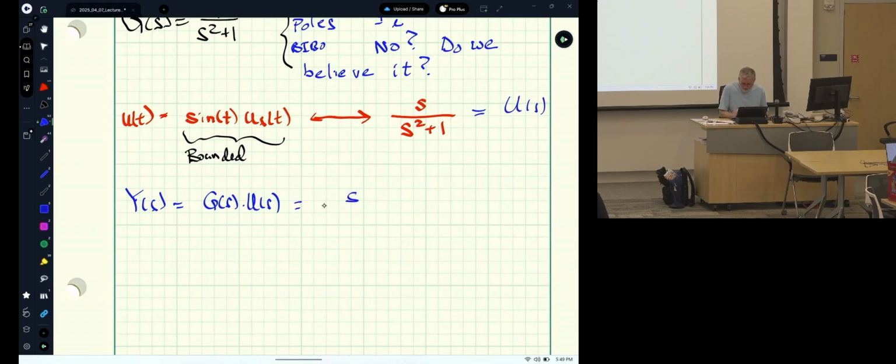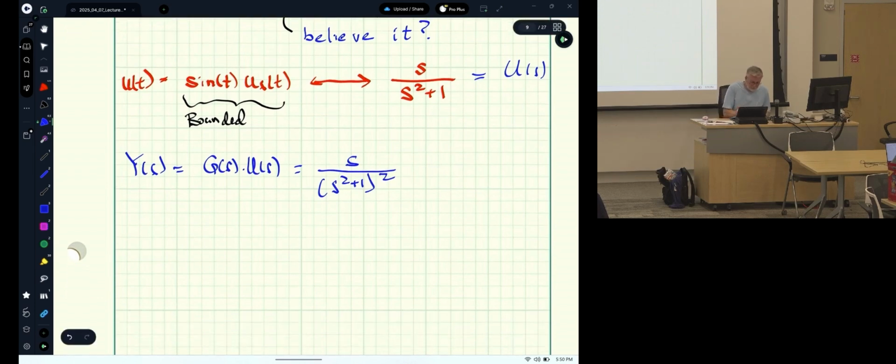So it's s over s squared plus 1 squared. And you have to go to our table. So you have to refer back to our table of Laplace transforms.